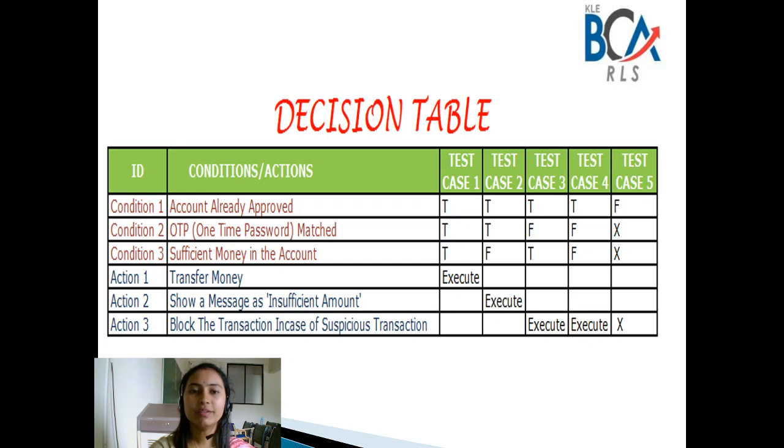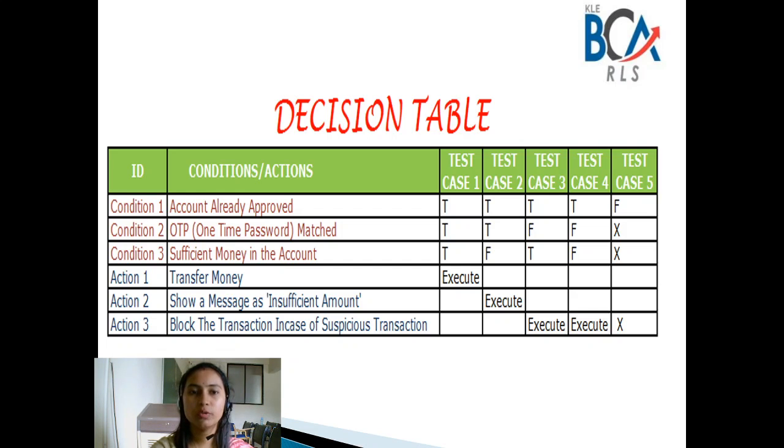Okay, so here we decide under what condition the action is to be performed, right? So you can see in the decision table, these are the test cases written for this particular action or condition. For example, I have 5 test cases for all these actions and conditions. T means it is true, so the test case is satisfied.